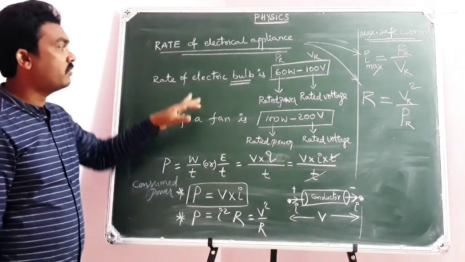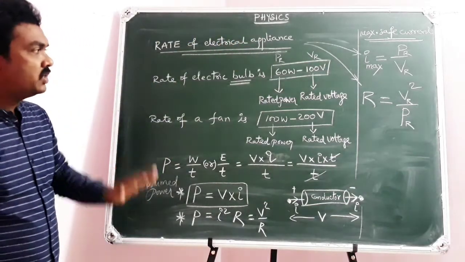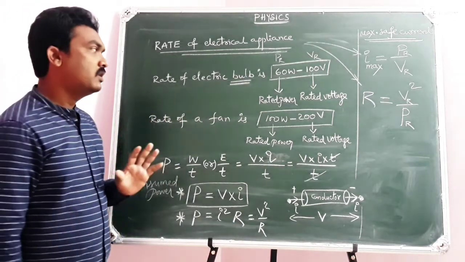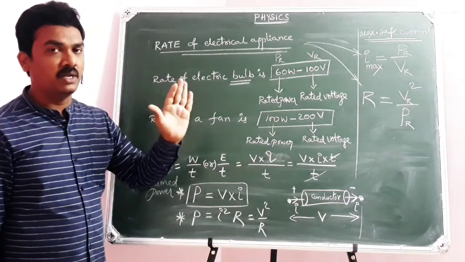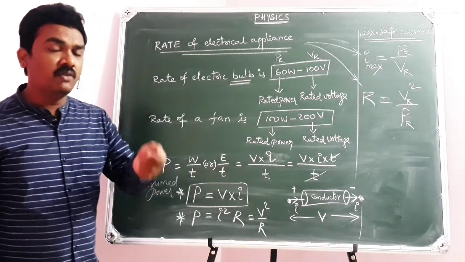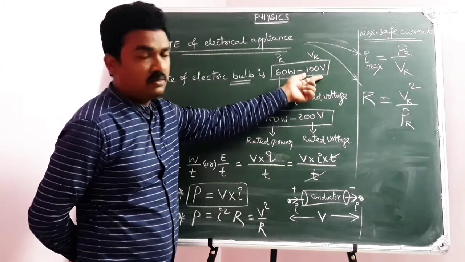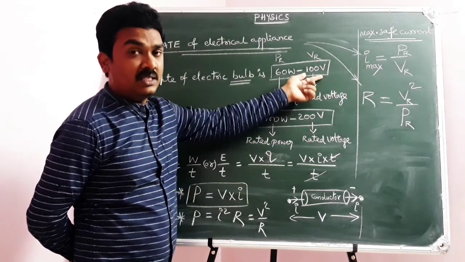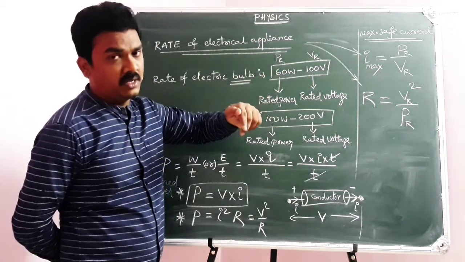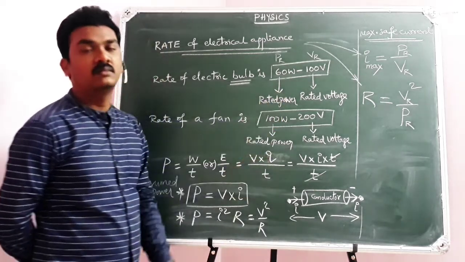So this is all about the concept of rate of an electrical appliance. So what you have to learn from this class? First point, what is meant by rate of electrical appliance? The rate of an electrical appliance gives information about the maximum voltage that can be applied across the electrical appliance where it consumes the maximum power.